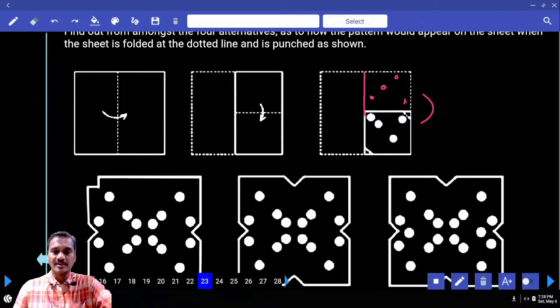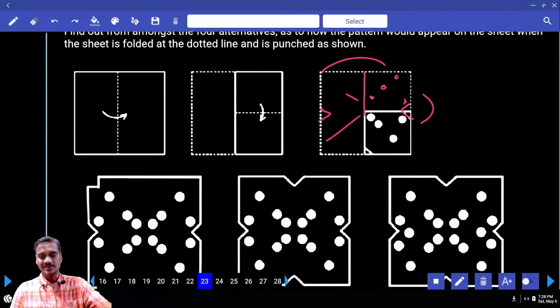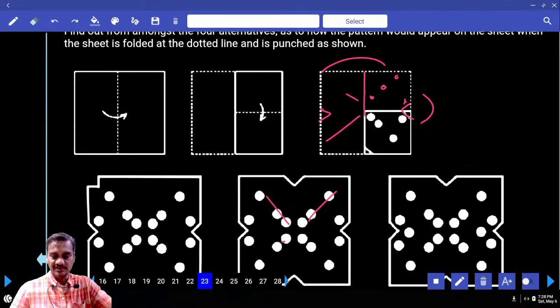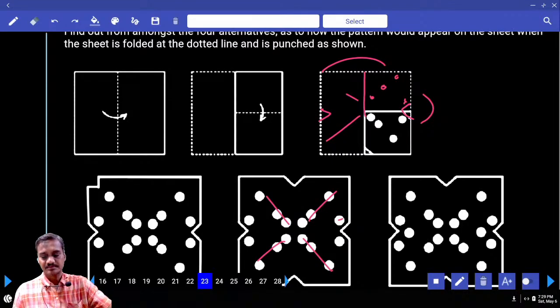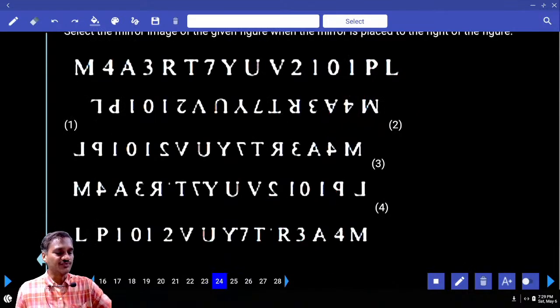Does that fit? Then from here to here, what should happen again? Mirror image. Hence this square and this square must be like this, and again these three will be like this, these three will be like this. Then what is your answer here? Choice 2. These three must be the same, these two. Question 23, choice 2.